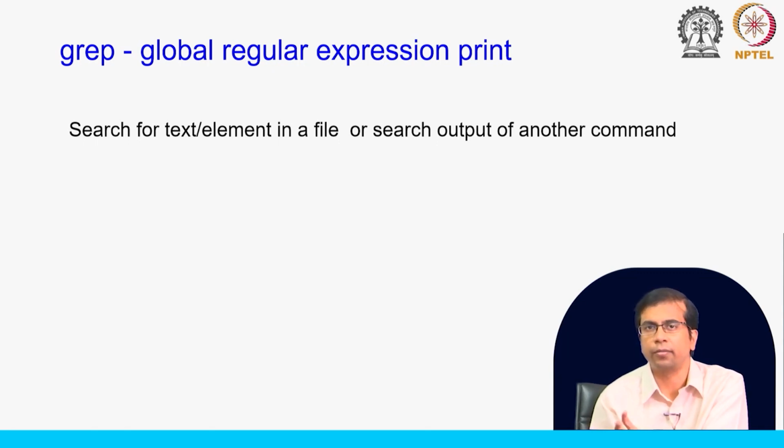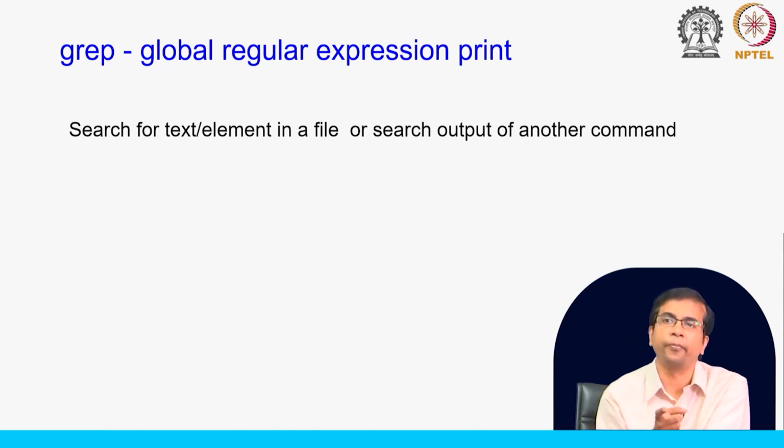This is something we will not discuss, but you can of course look it up. If you are utilizing another command in the Linux command line or terminal, you can pass the output of that command through grep to search for specific outputs or specific patterns.